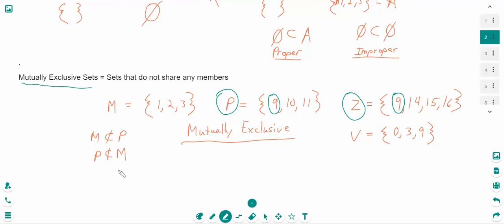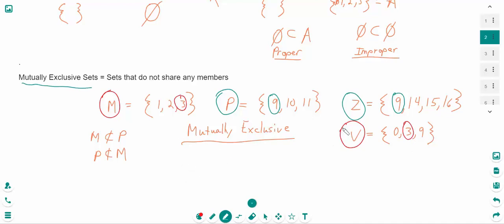All right? Now, let's look at the next one. Let's try V here. Are V and M mutually exclusive? And the answer here would be yes, they are. Or no, I'm sorry. No, they're not. Because, again, they share something. They share a 3 in this case. So they are not mutually exclusive.